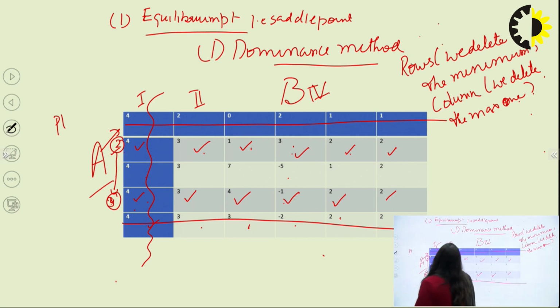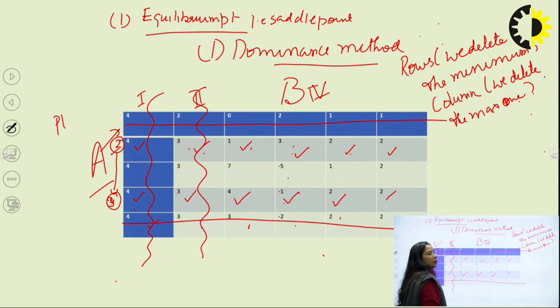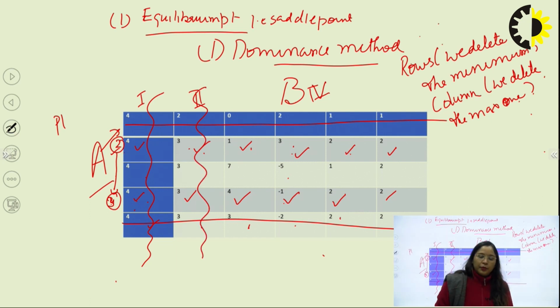So this column is deleted. Next, the column which is deleted is this one, since it is also dominated: 3, 3, 3, minus 5, 3. So you can see that column 4 is also dominating this column. So the bigger column will be deleted.